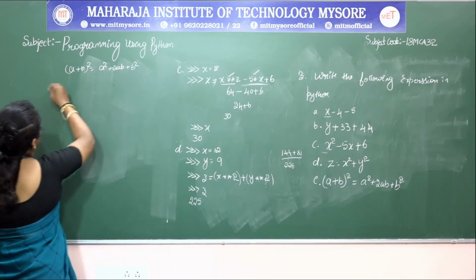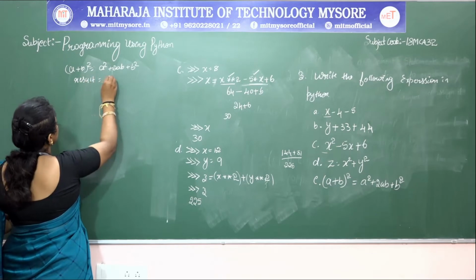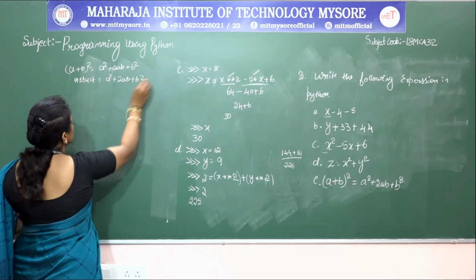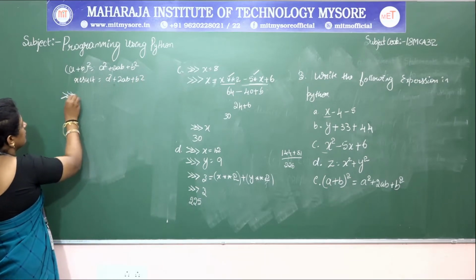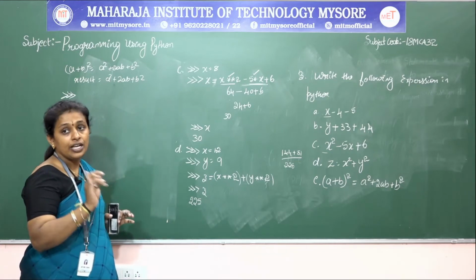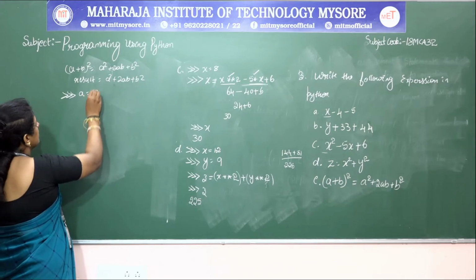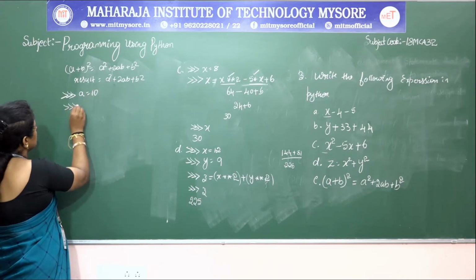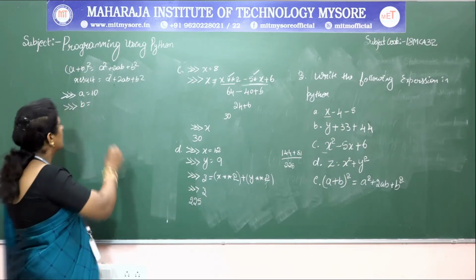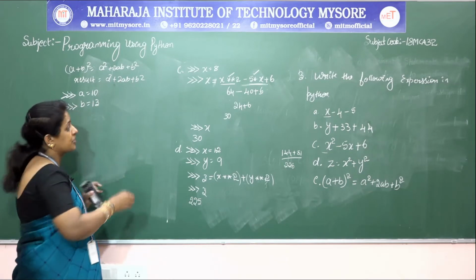So I will rewrite this: result equal to a square plus 2ab plus b square. Here I need to take values for the variables a and b. With respect to my assumption, the value for a is 10 and for b it is 13.